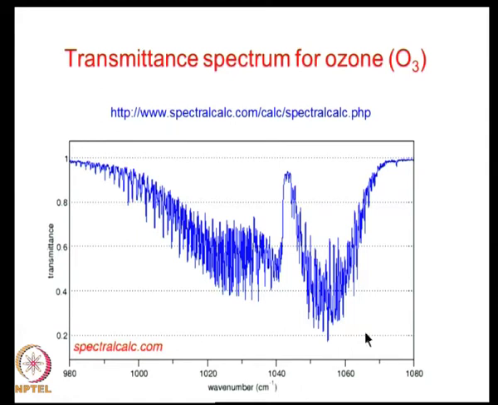So, this is a challenge we always face in radiation transfer: in a very small range of wave numbers here, going from 980 to let us say 1040, there are hundreds of lines, and in the center here absorption is high, transmission is low, while at the edge here transmission is high, absorption is low.